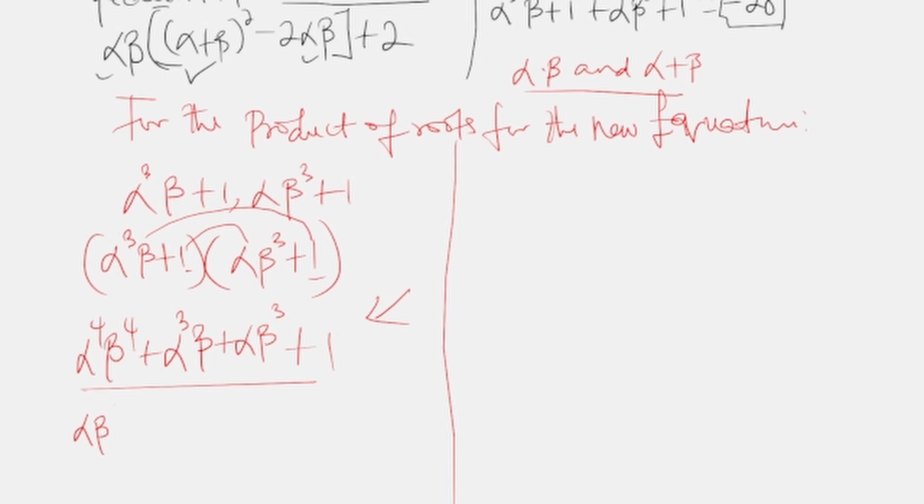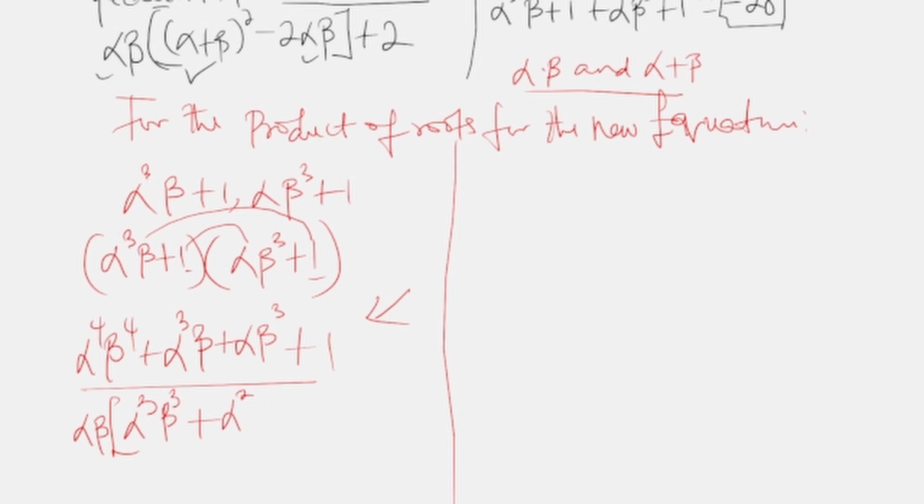If you factorize this right now, if you remove one alpha from 4, how many remains? You have a 3, alpha cubed. If you remove one beta from 4, how many remains? Beta cubed. Okay, that's how to factorize it. Now you have your plus. If you remove one alpha from 3 alpha, how many remains? We have a 2, alpha squared. If you remove beta from the only beta here, how many remains? None. So no beta remains.